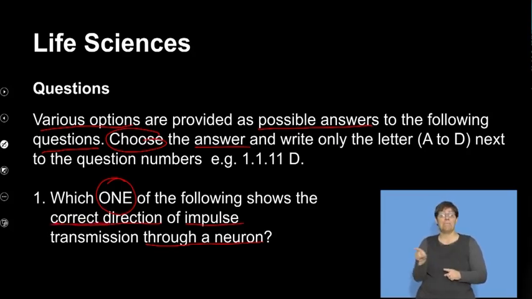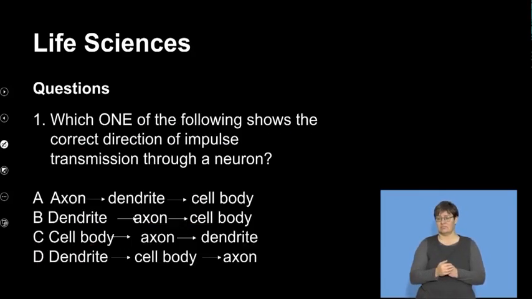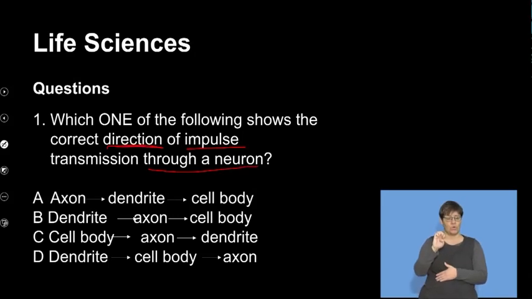That takes the direction of impulse and transmits it through the neuron. Then there are the options. We've got A, that is the direction. We're looking at the direction, remember, of what? Of the impulse. Through what? Through a neuron.